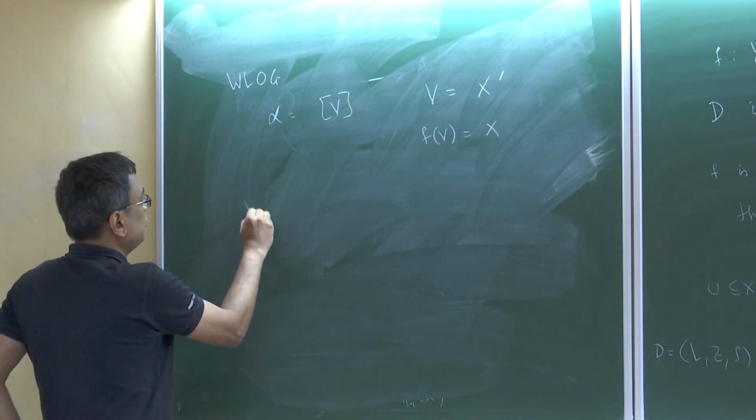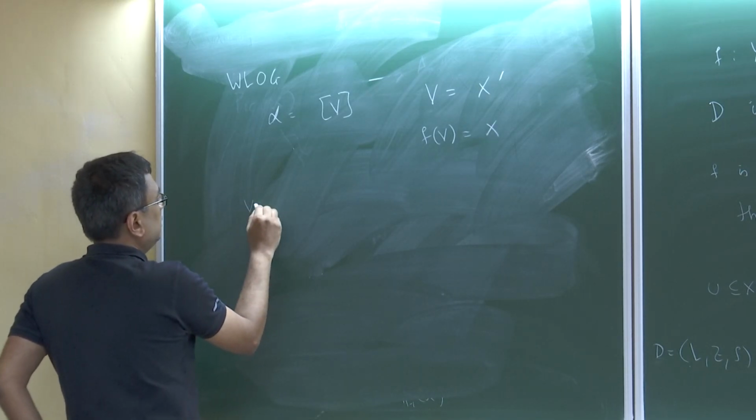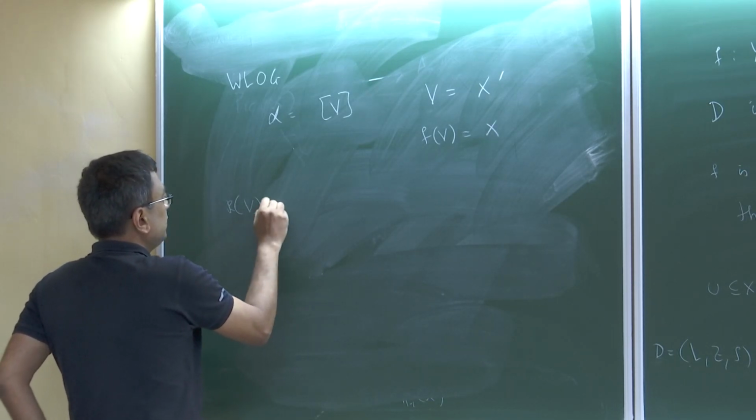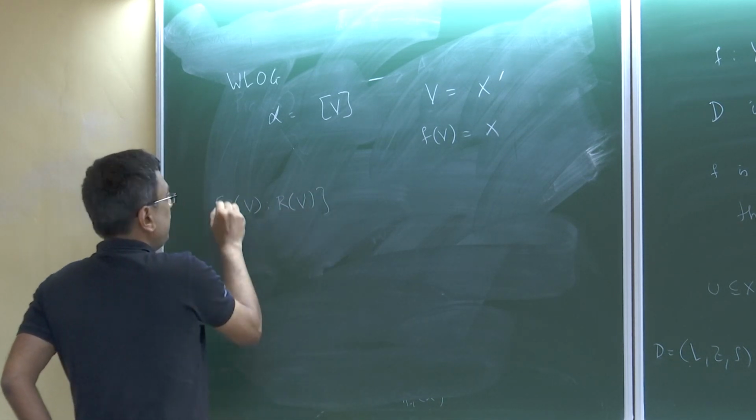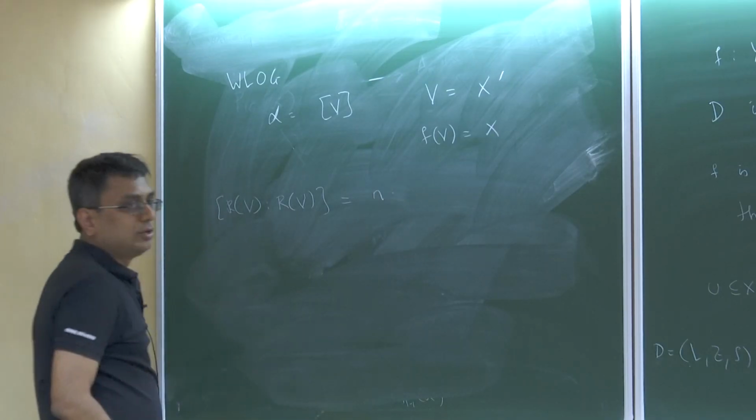Now the non-trivial case is when the function field extension is finite, and let us say it is n. So then what do we want to show?